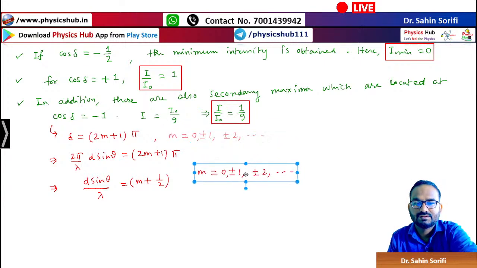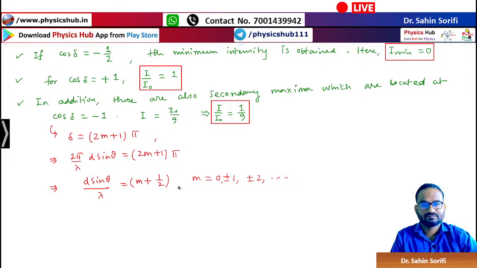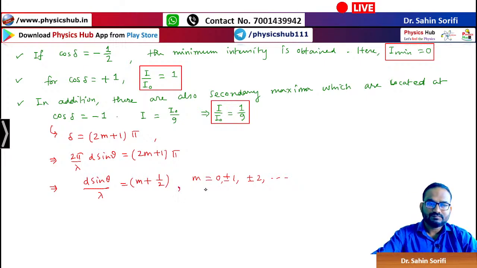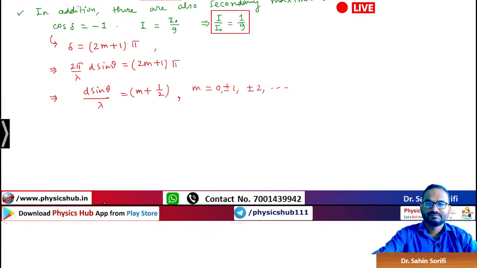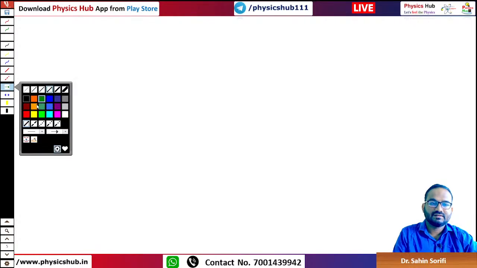So let me just show you what kind of graph you get. We are basically plotting I by I naught versus d sin theta by lambda. Okay, I am plotting it here on the new slide. So we are basically plotting the intensity pattern obtained in a 3-slit interference.